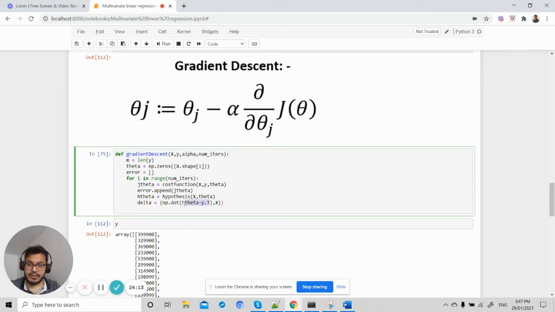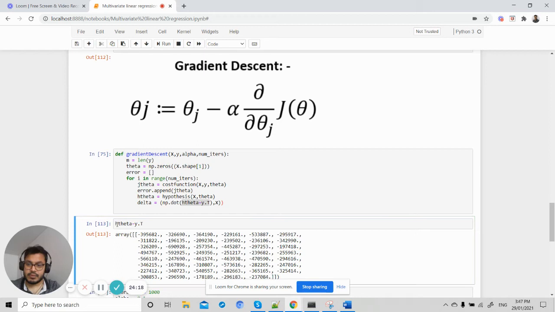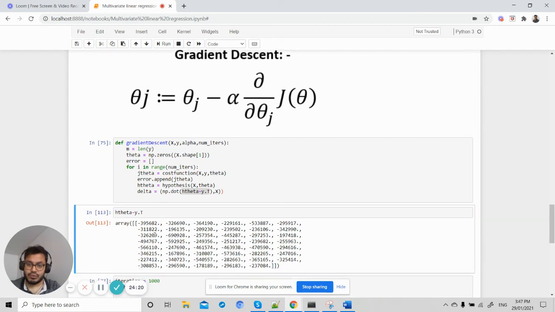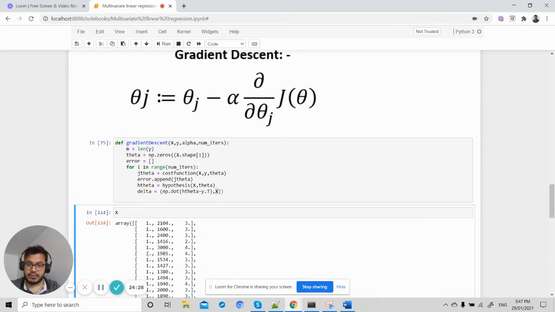So if we do minus this minus this, okay, this is already in row form, and our x is already in column format, so we don't need to do a transpose here.